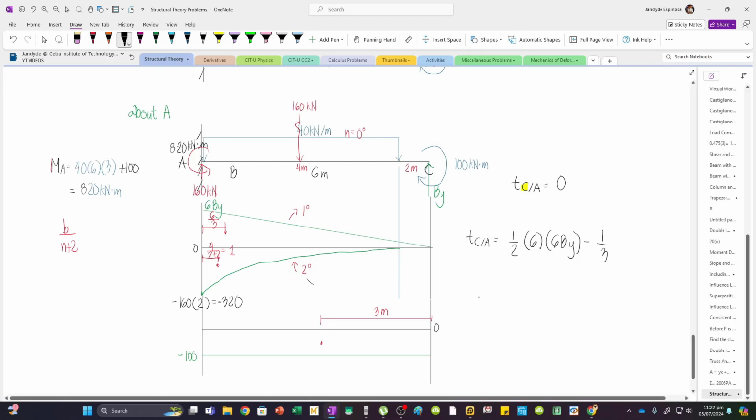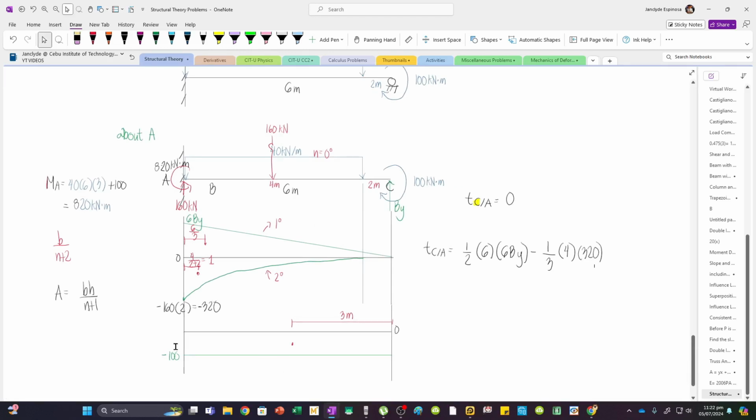The degree is 2. For the area of a spandrel, we have BH over n plus 1 as the general formula. So this is 1/3 because 2 plus 1 is 3. The base is 4 meters, the height is 320, and this is still a negative area. Then also minus 100 multiplied by the base, which is 6, and then multiplied by the moment arm, which is 3.